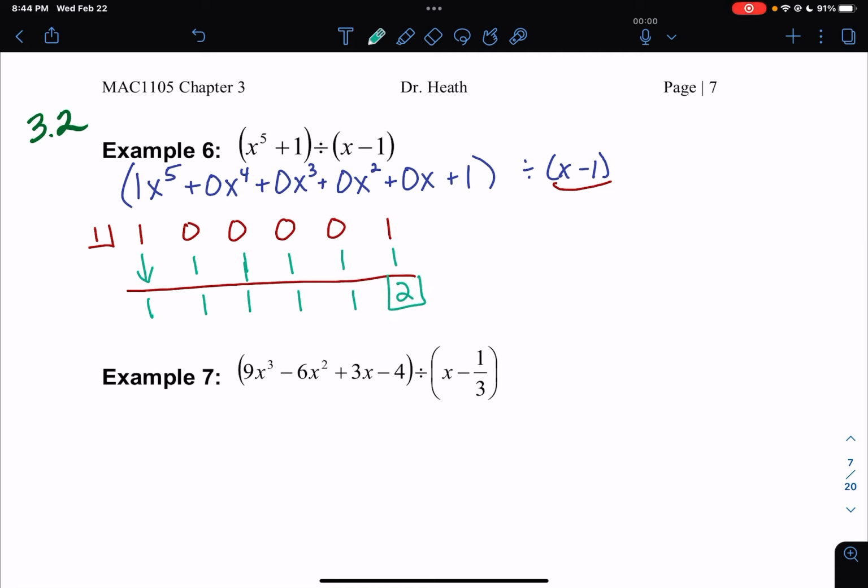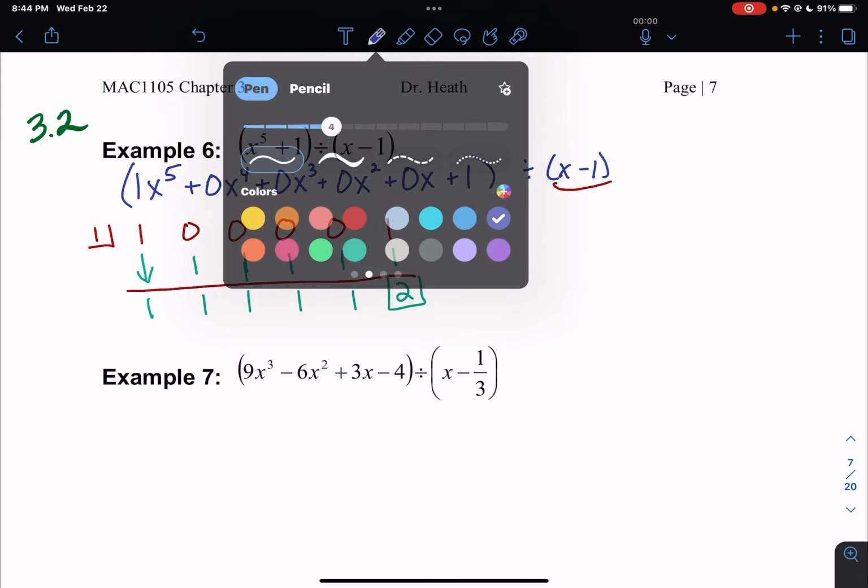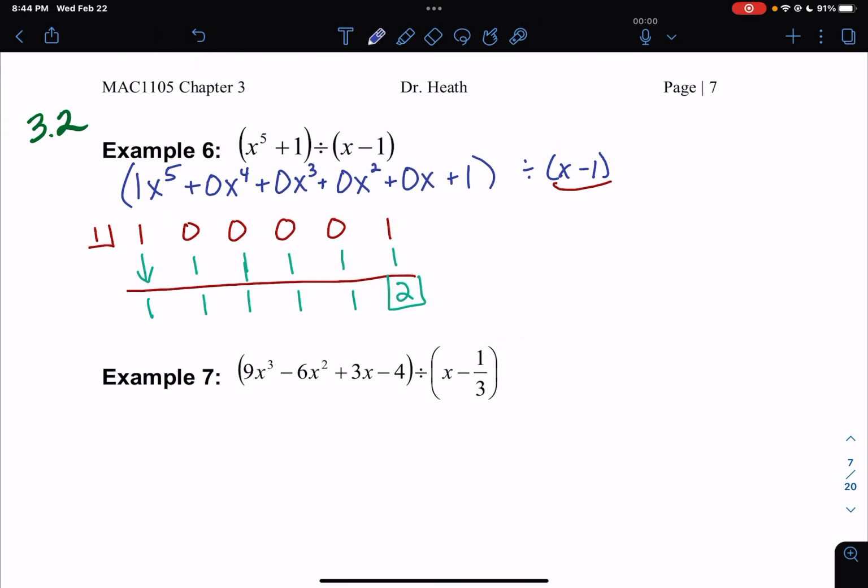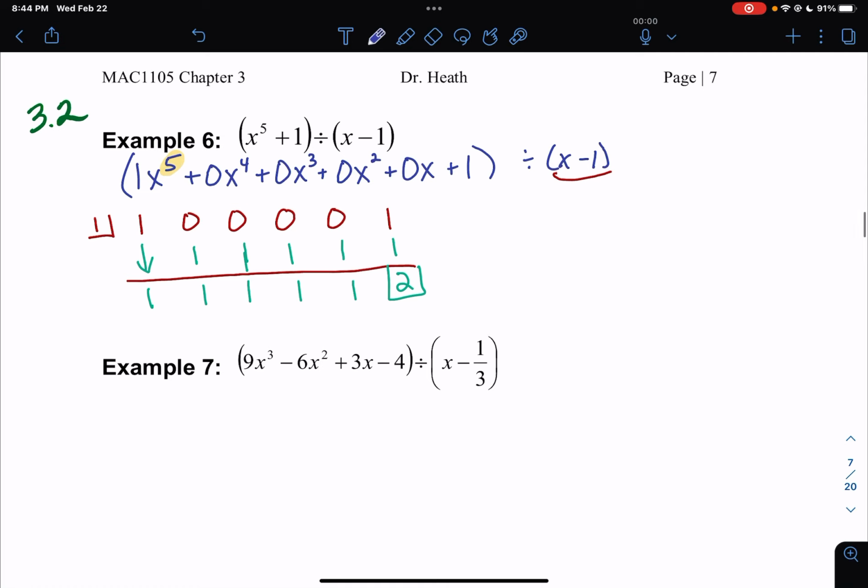And since our problem started out with variables, we want to make sure our answer has variables. Our original exponent was x to the 5th, so when we are writing our answer, we're going to reduce that exponent by 1. So x to the 5th reduces to x to the 4th.